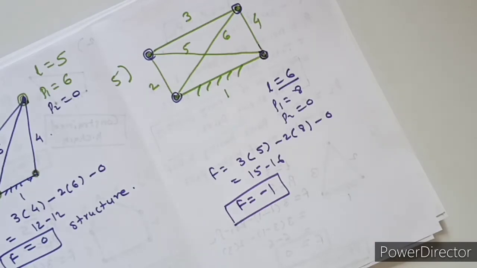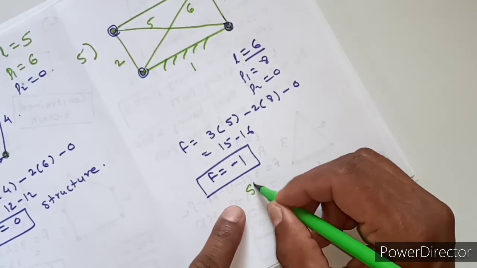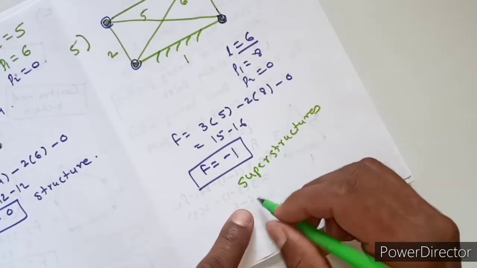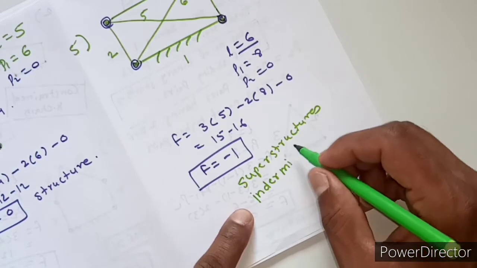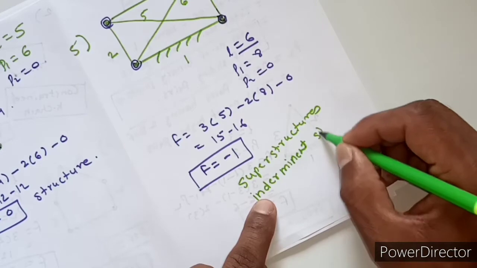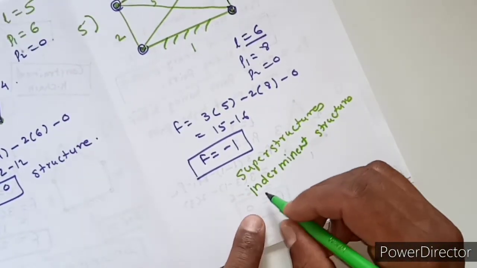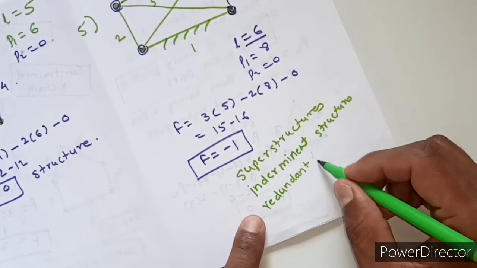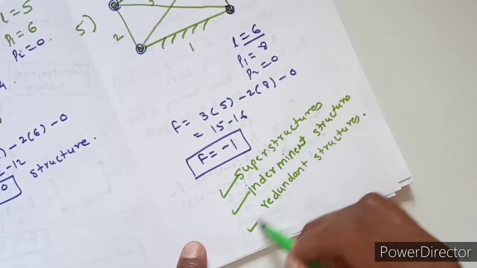For such mechanisms whose degree of freedom is negative, we call such mechanisms superstructures or indeterminate structures, because motion is highly impossible. These are sometimes also called redundant structures, for those having negative degrees of freedom.